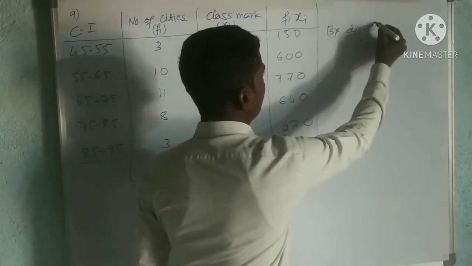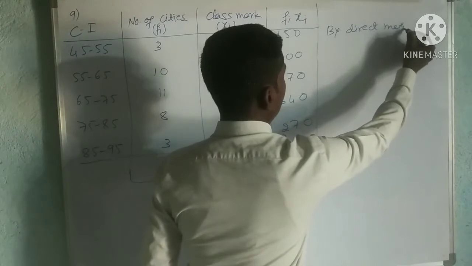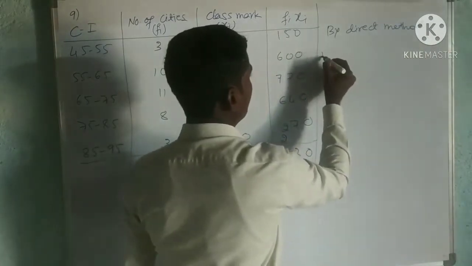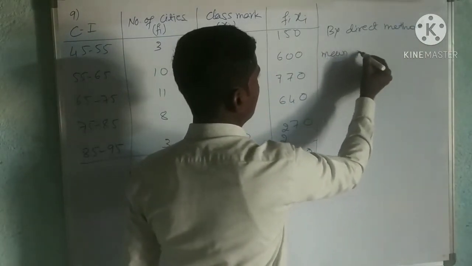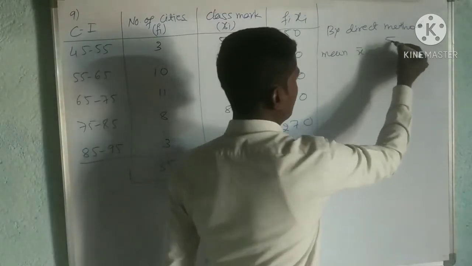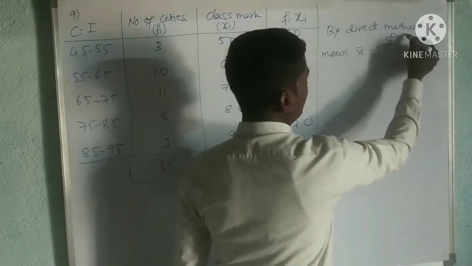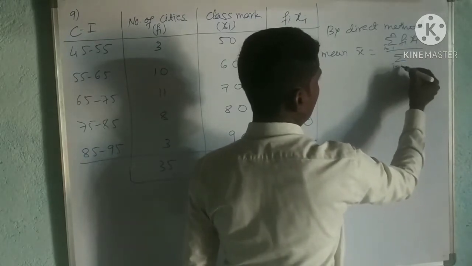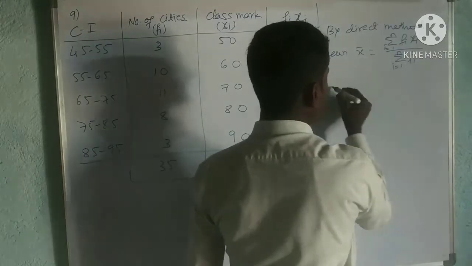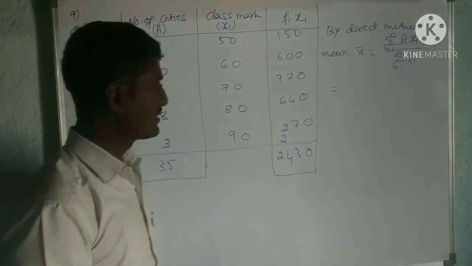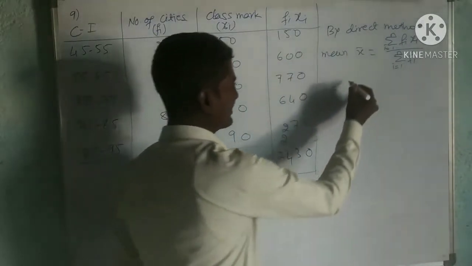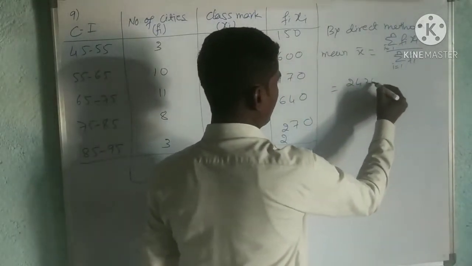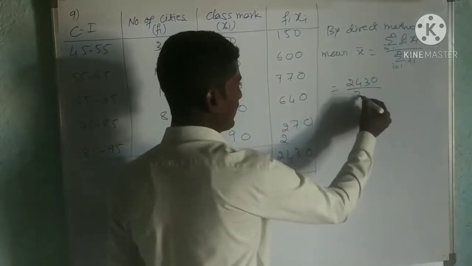By direct method, the mean x bar is equal to summation i equals 1 to n fi xi divided by summation i equals 1 to n fi. Let us substitute the values. This is 2430 divided by 35.